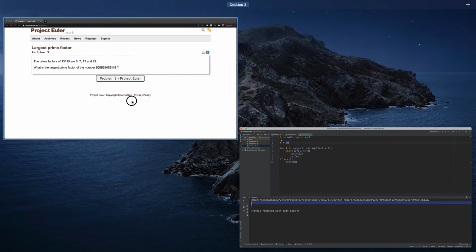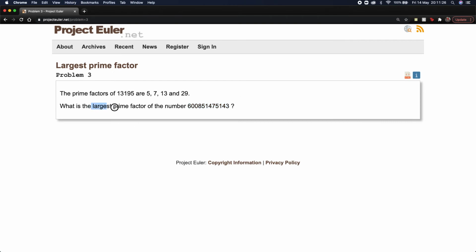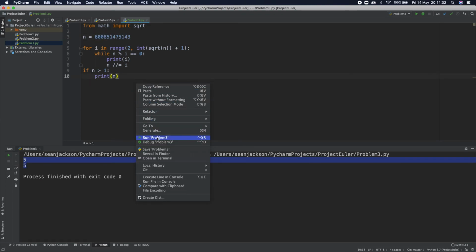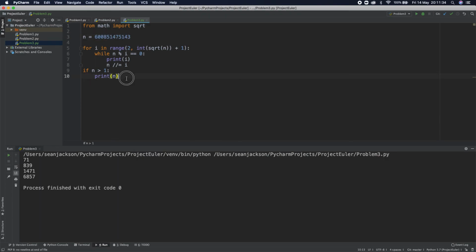So what we actually want is the largest prime factor of this. So currently it just gives us a list of prime factors. Well, not even that, it just prints them out. So what if we stored them as we went in a list?